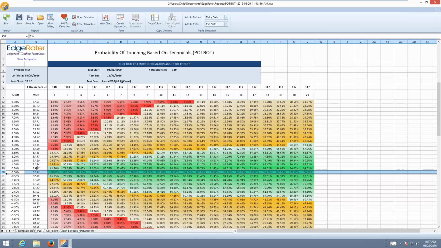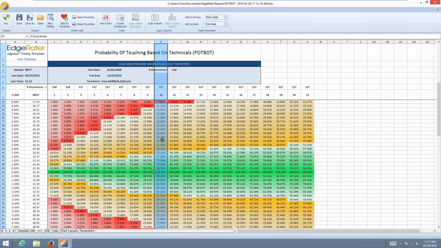That's just a calculation column which says take the current price of 52.32, figure out how much 1% is, and add that to the current price, and that turns out to be 52.84 for here. 2% is 53.37, and then you go to just over 54 at 3.5%. So if you look at the 10 column over here, and we're looking at the 54 level, which is the 3.5%, we arrive at a value of 41%.